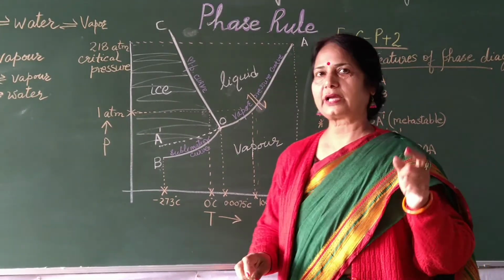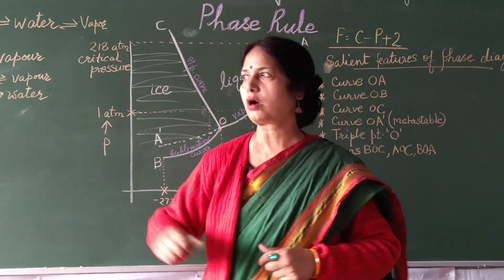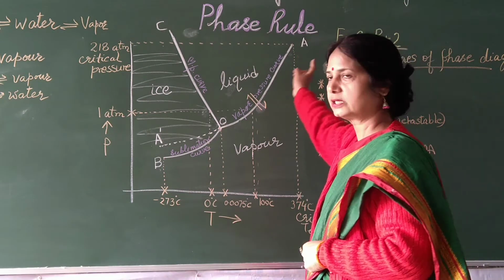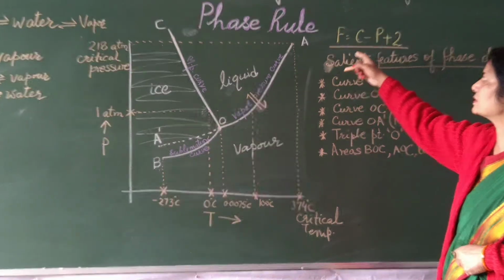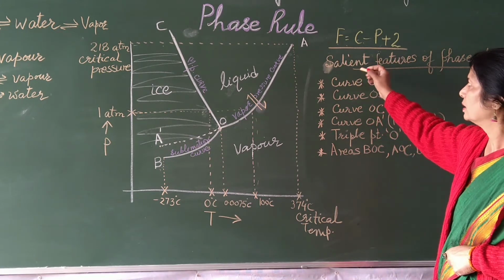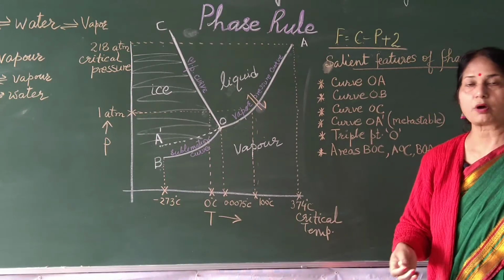If we calculate the degrees of freedom along this curve OA, as we all know, the formula is F equals C minus P plus 2. C will be 1, since it is a one component system.